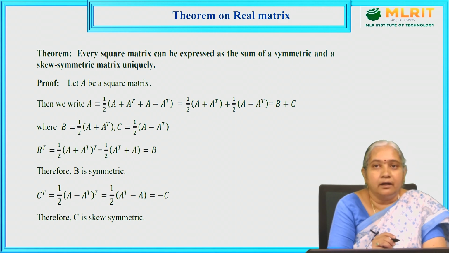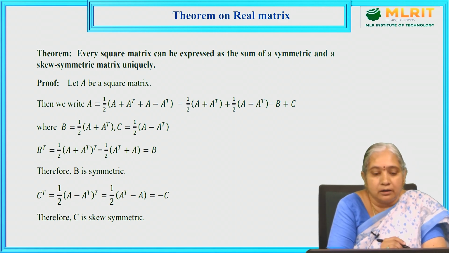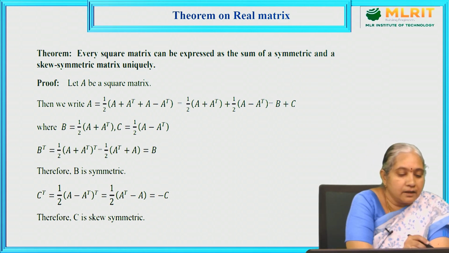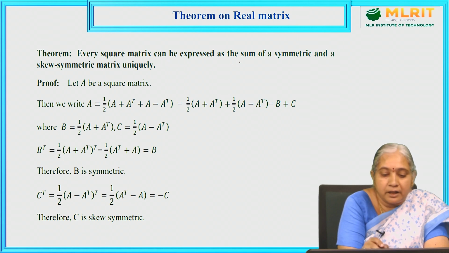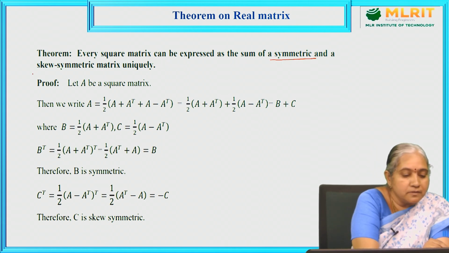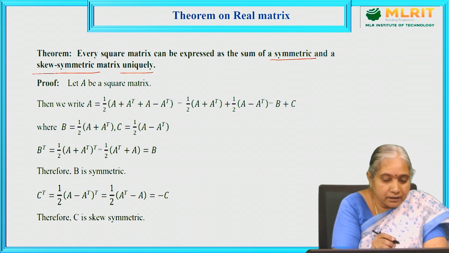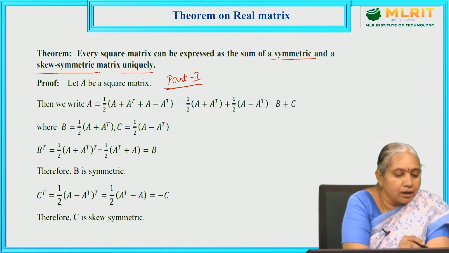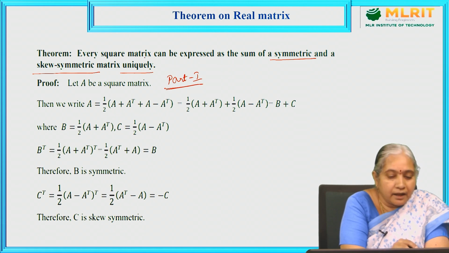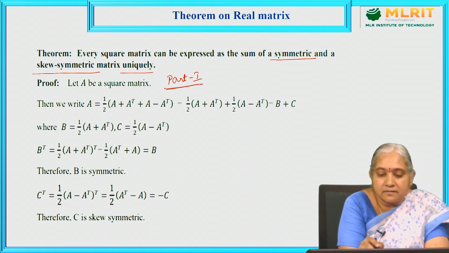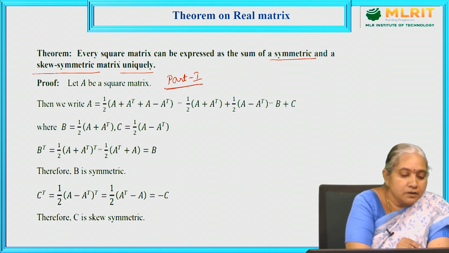Now we see a very important theorem on a real matrix, that is, every square matrix can be expressed as the sum of a symmetric and a skew symmetric matrix uniquely. So we take the first part, part 1. We take any square matrix A and it can be expressed as a sum of a symmetric and a skew symmetric matrix.